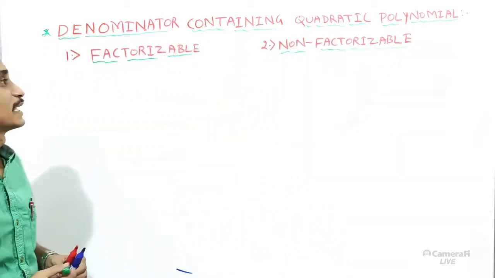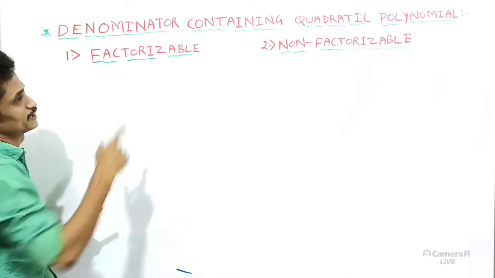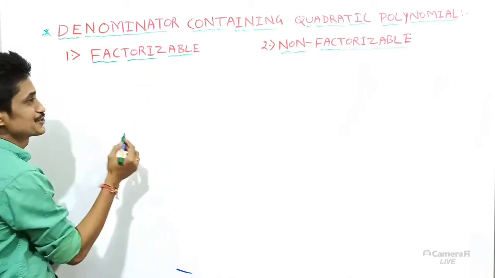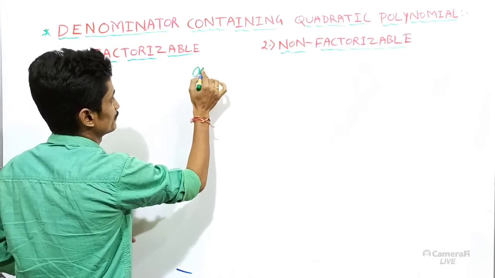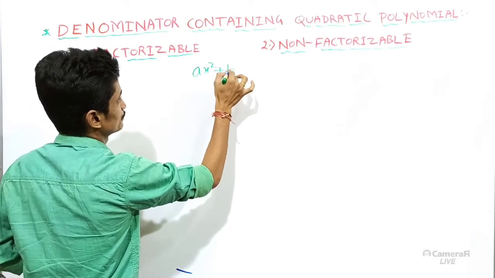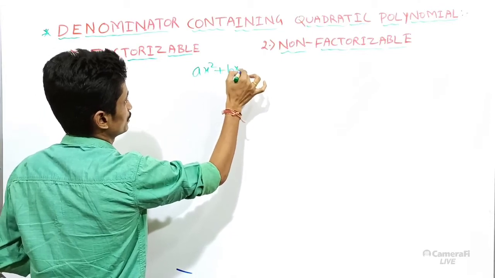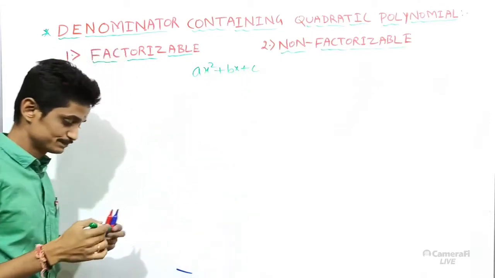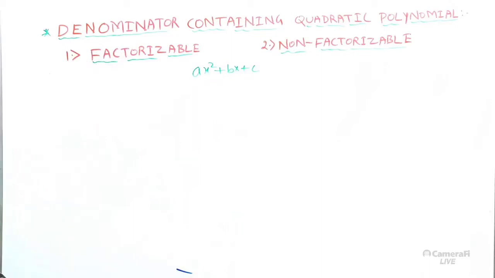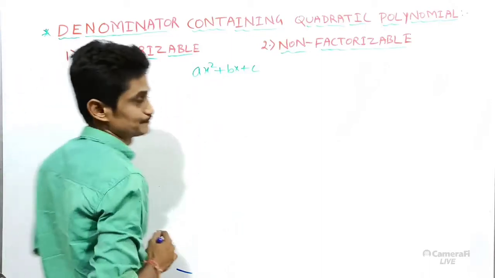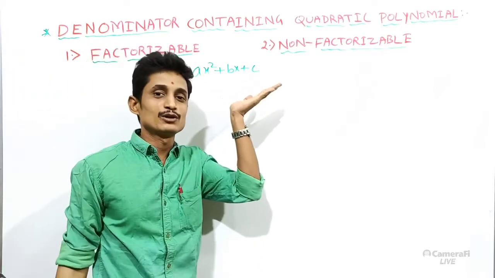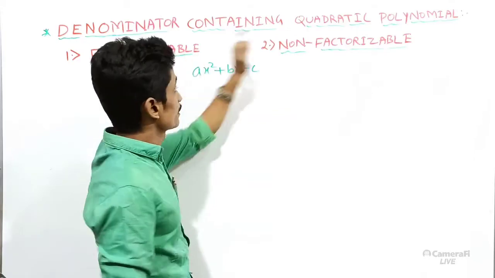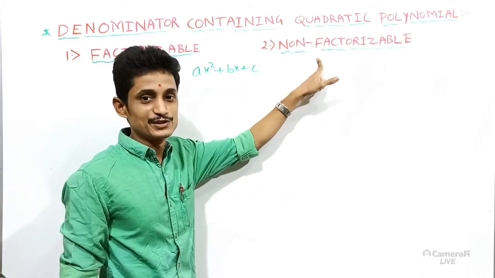So everyone knows that generally we have a quadratic polynomial of the type ax square plus bx plus c. So how do we know whether the given quadratic polynomial is factorizable or non-factorizable?